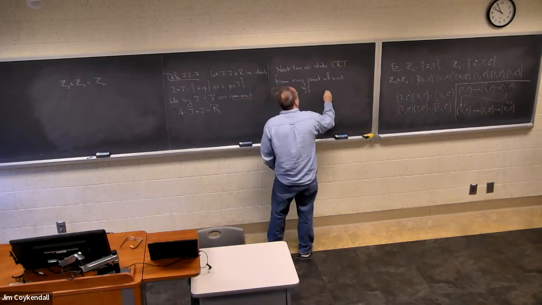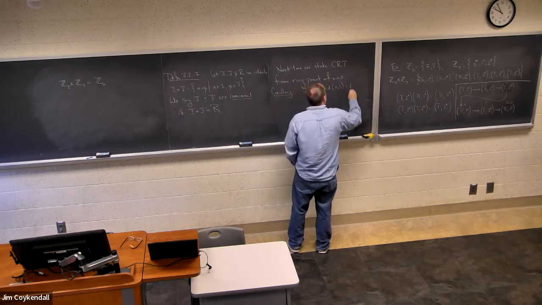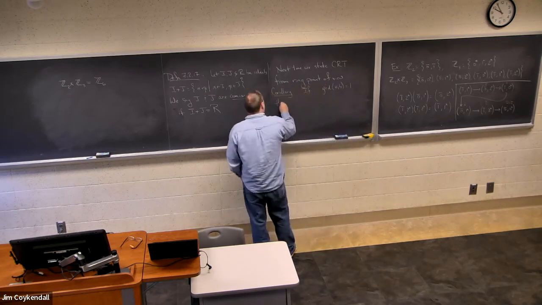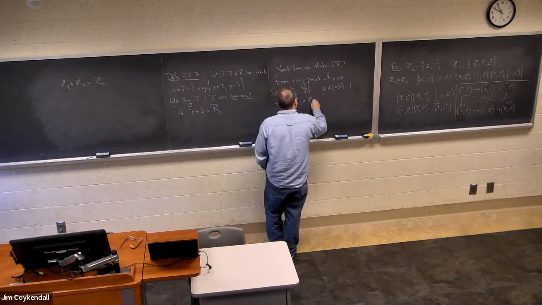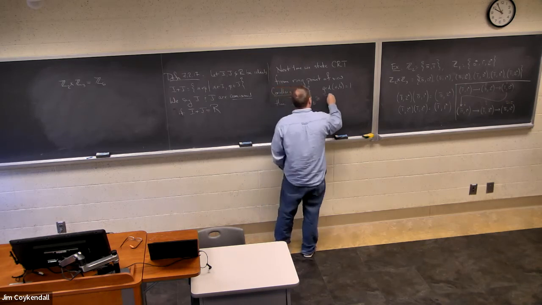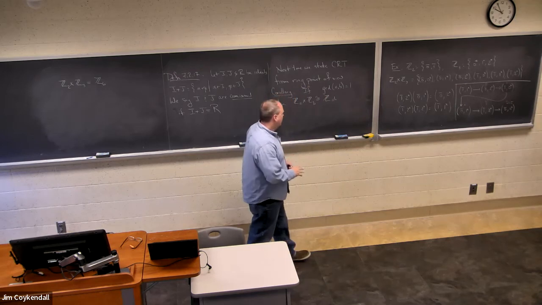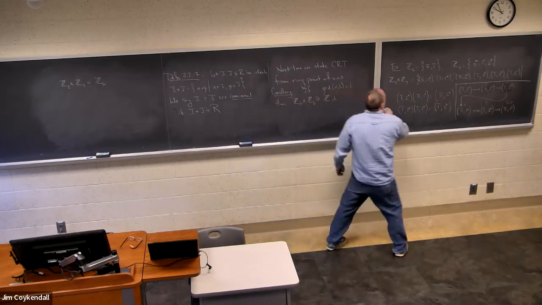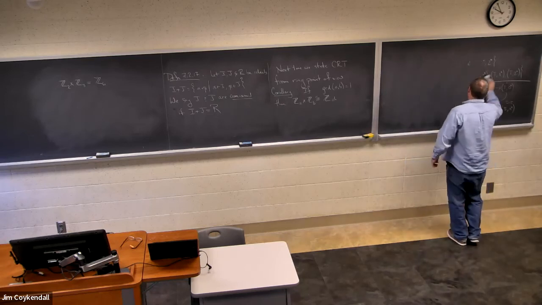If GCD of A and B is 1, then Z mod A cross Z mod B is isomorphic to Z_AB. And so more conveniently, sometimes you might want to do this.